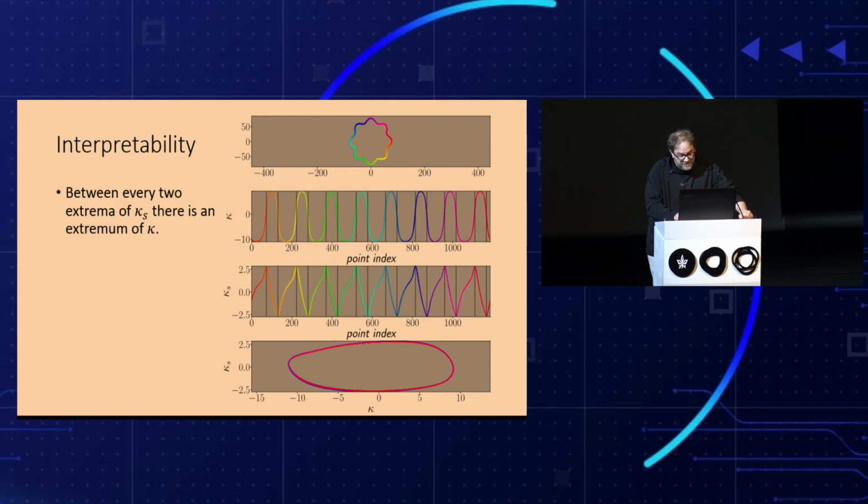The third row is the approximation of kappa S at each point. At the bottom row is the signature curve, the plot of kappa S as a function of kappa. What we can see is that between two extremum points of kappa S, we have an extremum point of kappa. So kappa S is really a derivative of kappa. That is the interpretability of what our network learned.